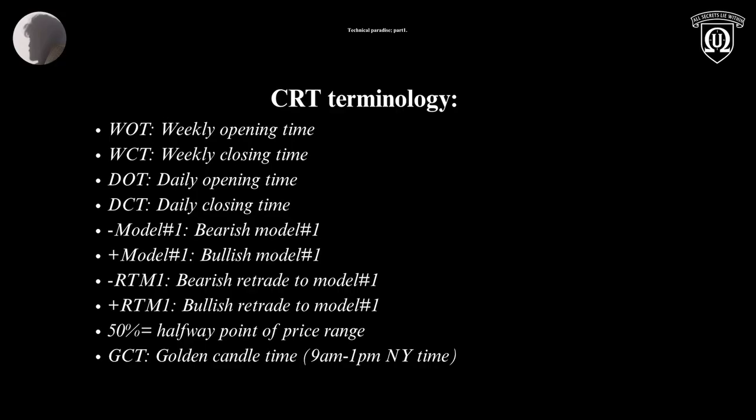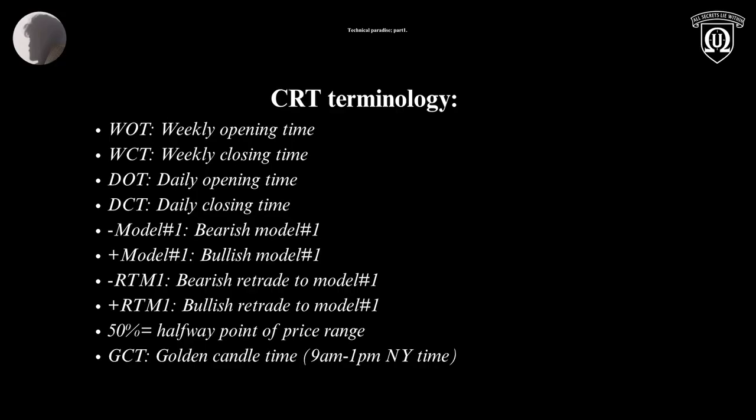50% is halfway point of the price range. GCT is the golden candle time. This is one of the best times to day trade. From around 8:15 a.m. all the way up to 1 p.m. Right. 9 a.m. is also fine.